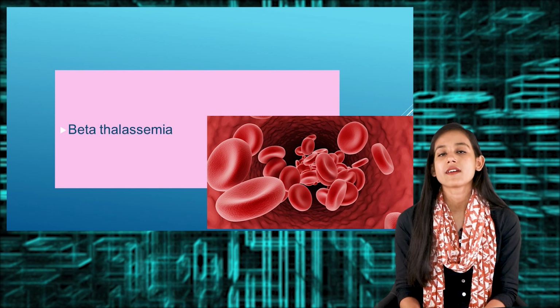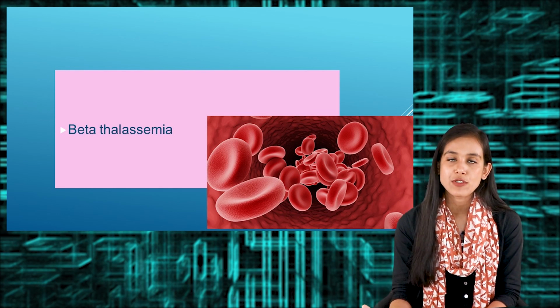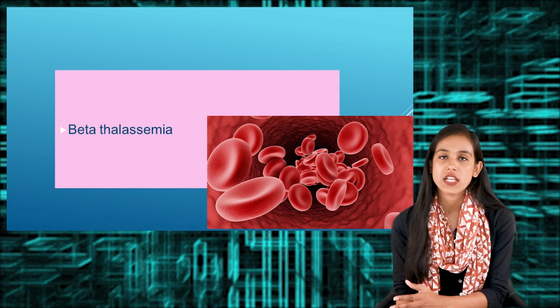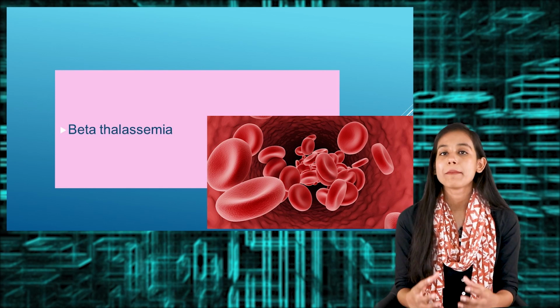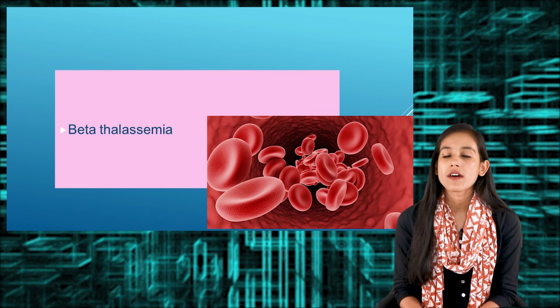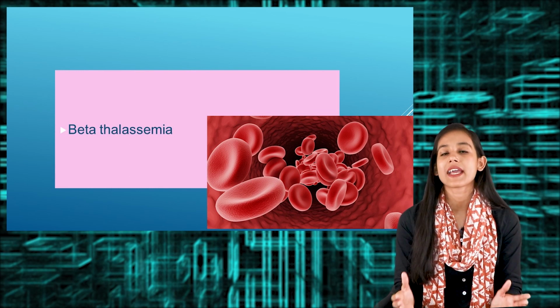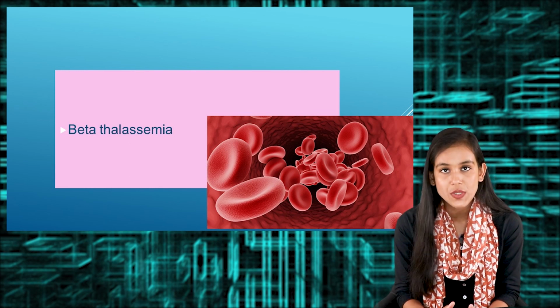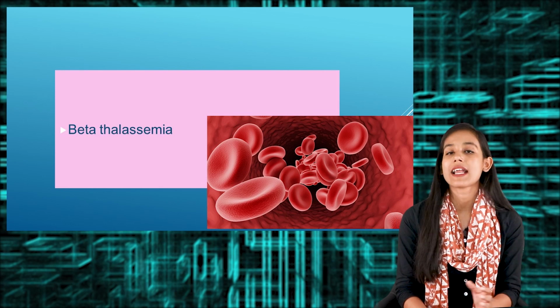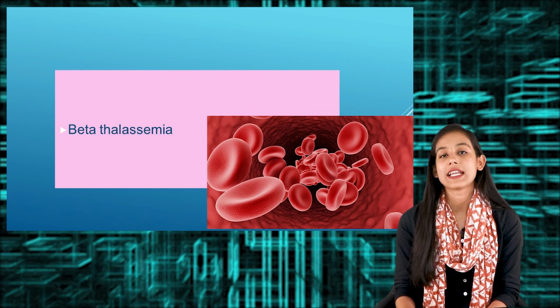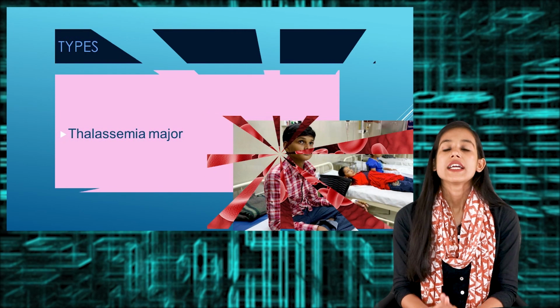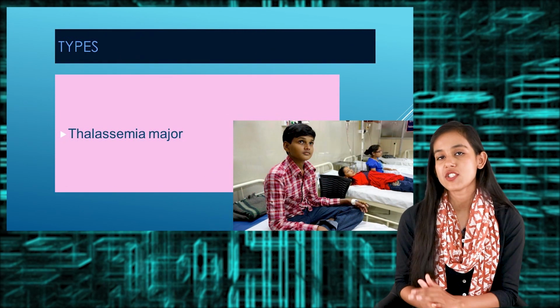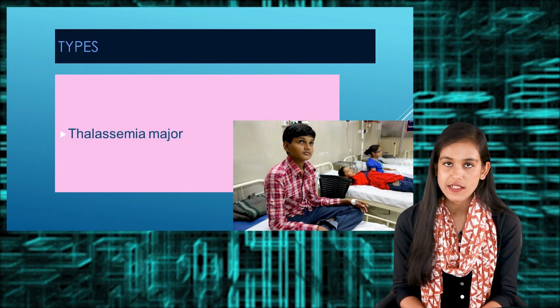Likewise, here if there is deficiency of beta globin chains of hemoglobin, we call it beta thalassemia. So in beta thalassemia, again we can classify it into two types, that is beta thalassemia major and beta thalassemia minor. Now we know that beta globin chains have two genes, right?